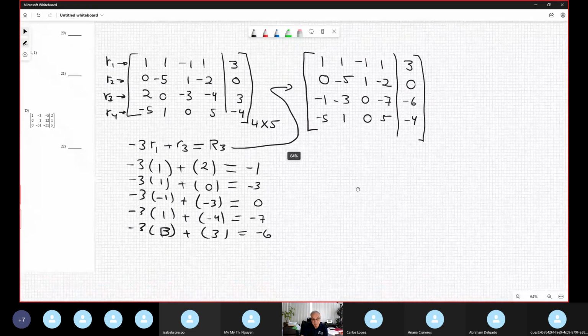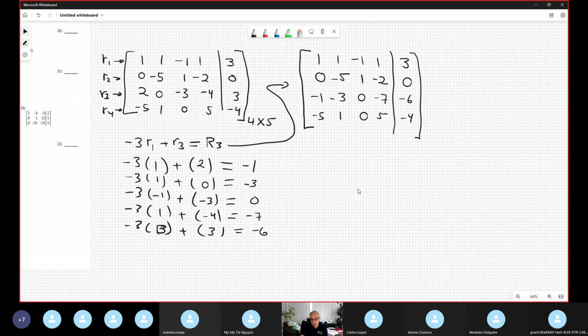This is the same, but this is the only operation left, because we have 4 rows. The final row operation is 5 times row 1 plus row 4, and you put this in the new row 4.